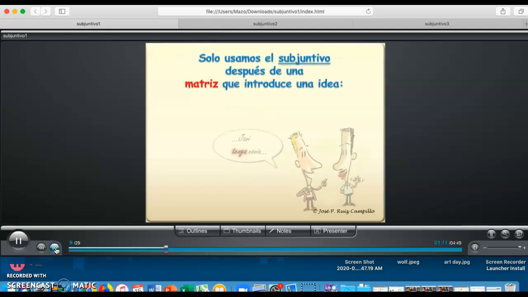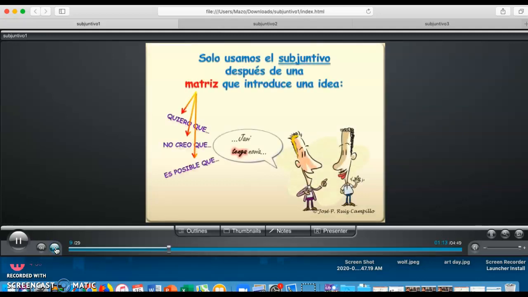Solo usamos el subjuntivo después de una matriz que introduce una idea. Matriz is the same concept of clause that we learned. Matriz, cláusula, clause is the same thing. So we just said that the subjunctive clause on its own has no meaning, so we need the independent clause.